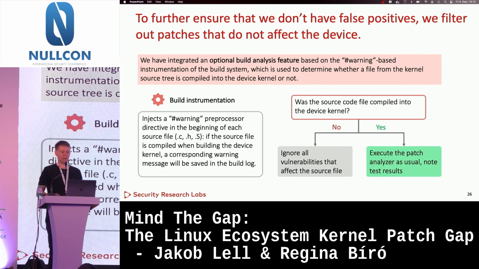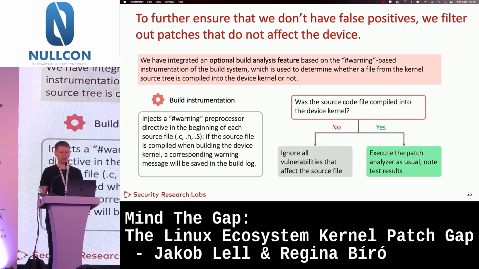And once we have done the analysis, we can also do some further testing for false positives. So we have instrumented the build system by introducing some warning directives into every single file being compiled, so into C files, into assembly files, and into header files.